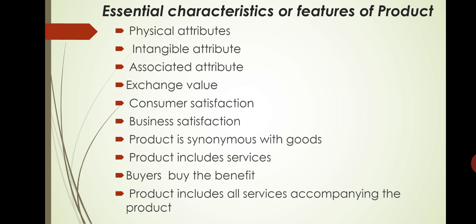And next one, consumer satisfaction. From the point of view of consumers, a product must be capable of satisfying the consumer wants, right? You know that. This satisfaction may be real or psychological. Take for example, when a lady buys lipstick, she is buying not only a tangible object but also buying beauty, right? A lady buys a psychological value as she expects that the product will satisfy her feeling that she could look beautiful by using the lipstick.